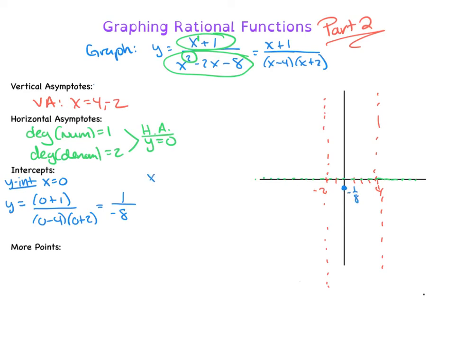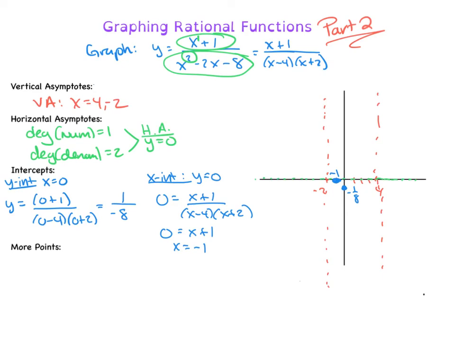And for the x-intercept, we're going to set y equal to 0. So we would have 0 equals x plus 1 over (x minus 4) times (x plus 2). And multiplying both sides by our denominator just gives us 0 equals x plus 1, so x equals negative 1, which is right here.